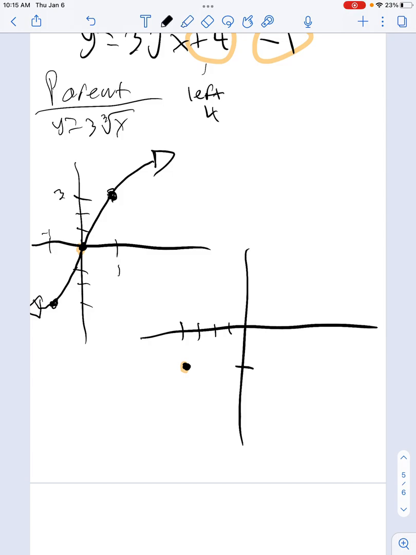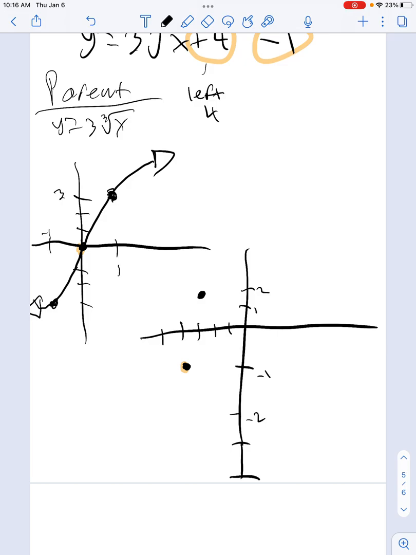So then again, what did I do? I moved to the right 1, and I moved up 3. So I'm going to still do that. I'm going to move to the right 1 and go up 3. So this is going to be right 1, up 3. That's going to put me right here. And then I also have to go down 3 and to the left 1.